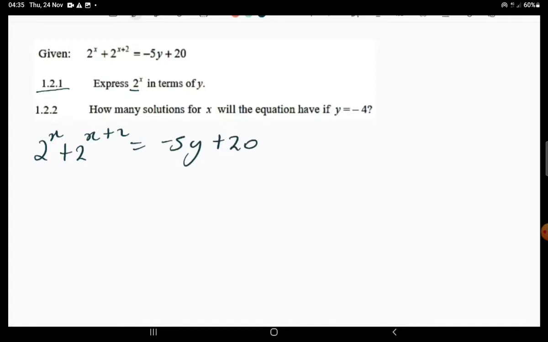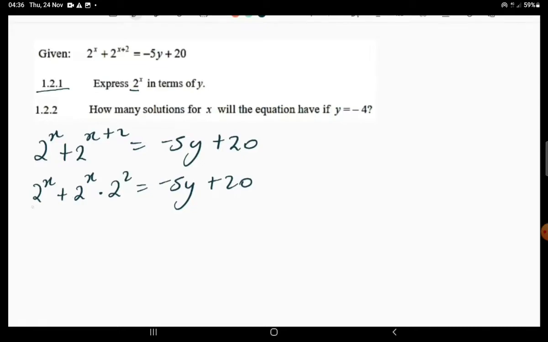So the idea is to break this one down like 2 to the exponent x plus 2 to the exponent x times 2 squared. This is equal to minus 5y then plus 20. So remember, we are solving for 2 to the power of x, then we are going to take the common factor on the left side of this equation, which is in this binomial.